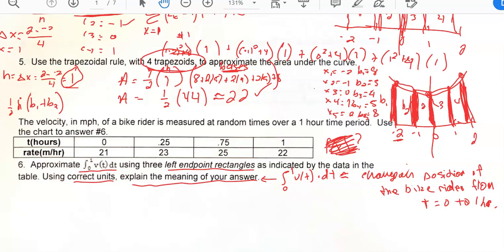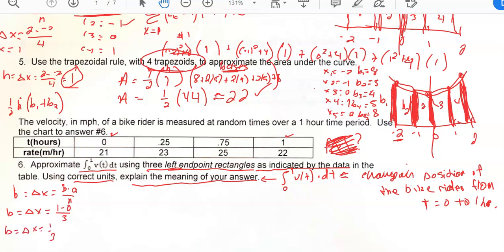So what we're doing when we do this, we want 3 left endpoint rectangles. You want to make sure you understand this as indicated by the data in the table. The reason that is important, if we try to do our base as the change in x, and we do the whole b minus a over n idea, we would go from 0 to 1, because that's our time interval. I wanted 3 rectangles, so we would say that our base, our change in x, would be a 1/3.